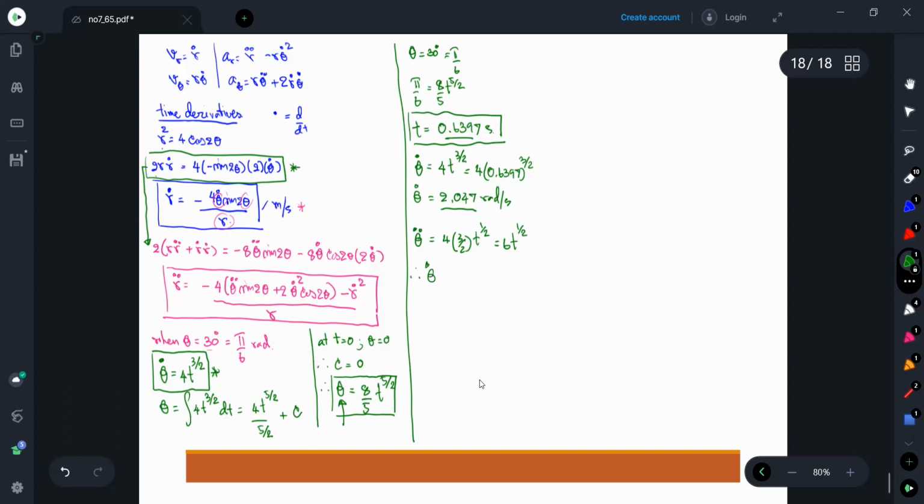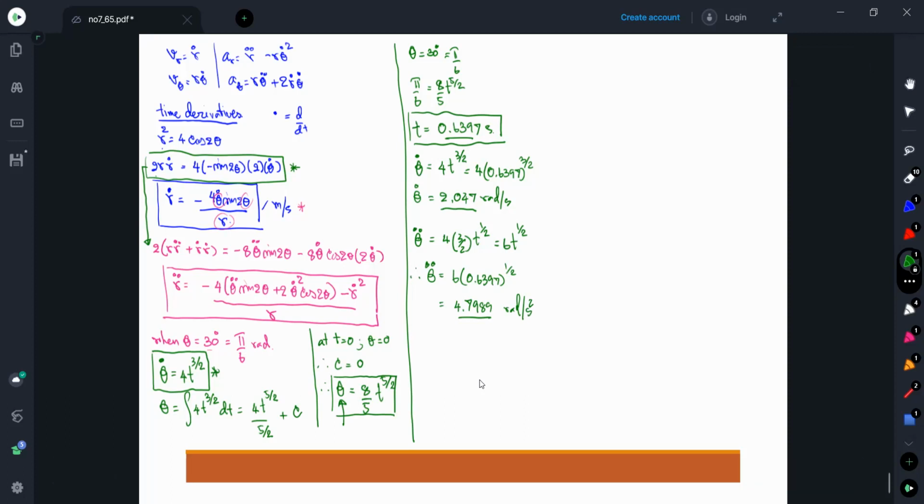Now we obtain that when time equal to 0.6397, theta double dot becomes 4.7989 radian per second square.